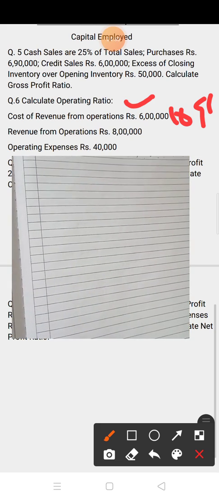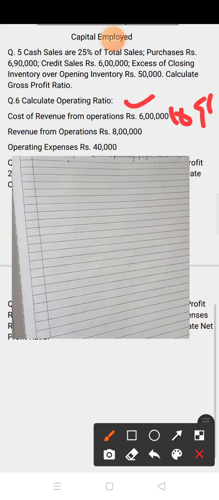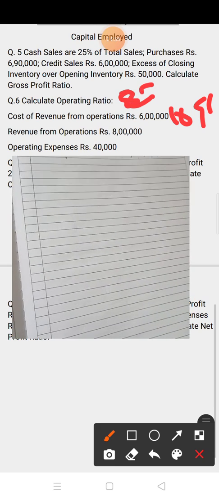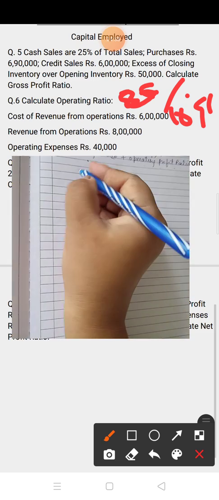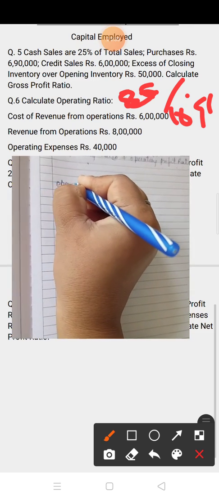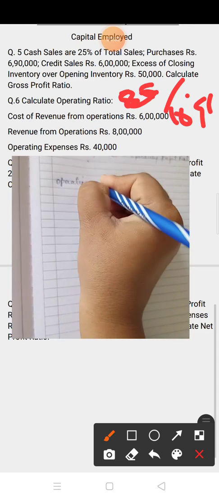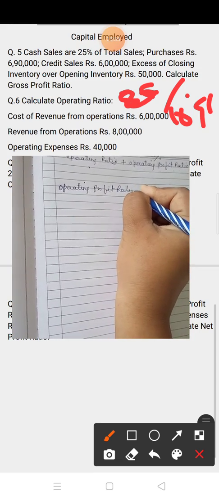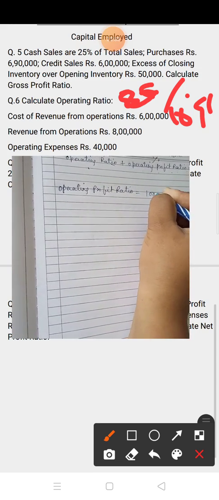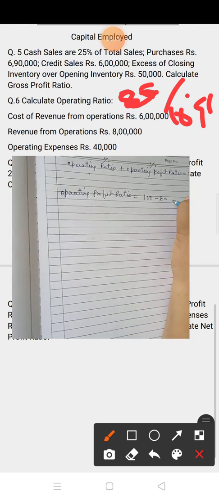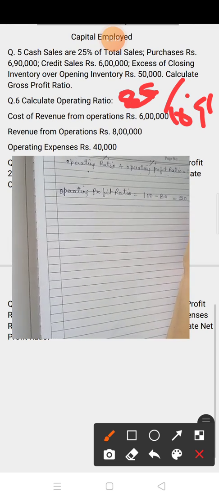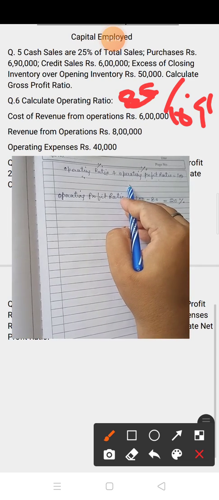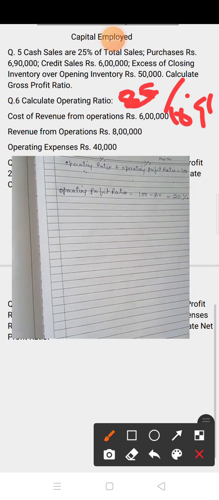Like here in this question, question number 6, the operating ratio percentage is 80%, and if you have to find out the operating profit ratio, then you can subtract 100 minus 80. It means the percentage is 20%. So operating ratio plus operating profit ratio is always equal to 100.